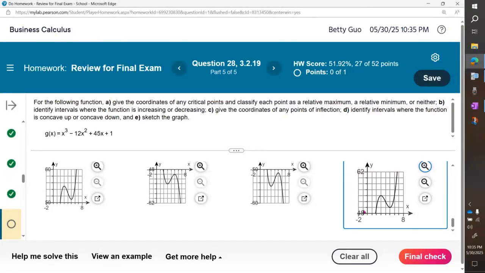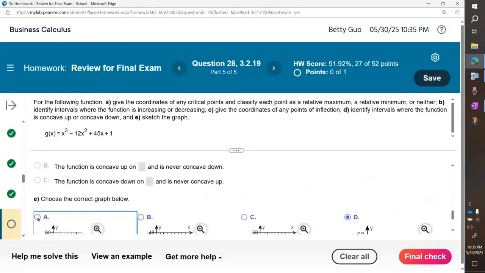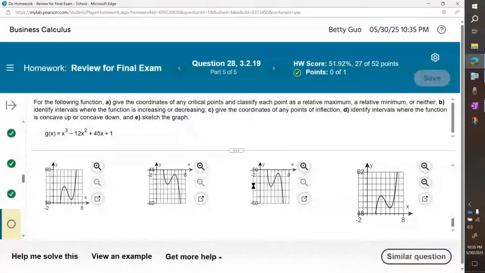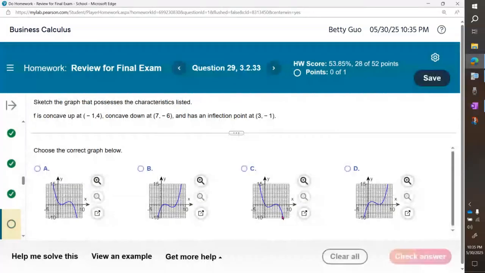So this is 50, and this y value is off. I would choose A here. Wow, it's a very challenging problem, right?